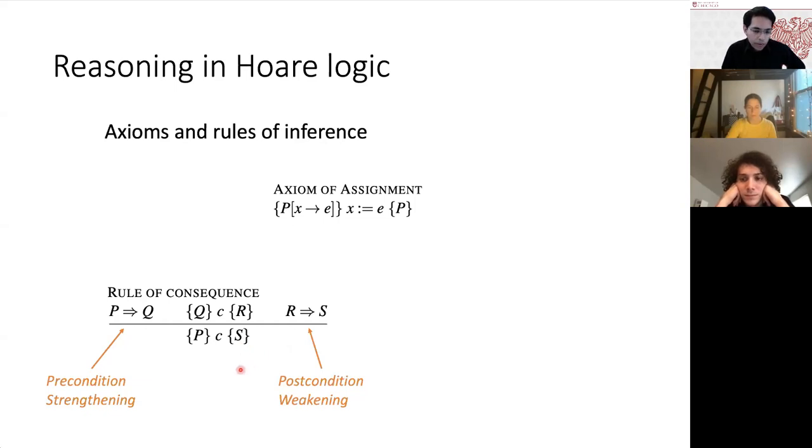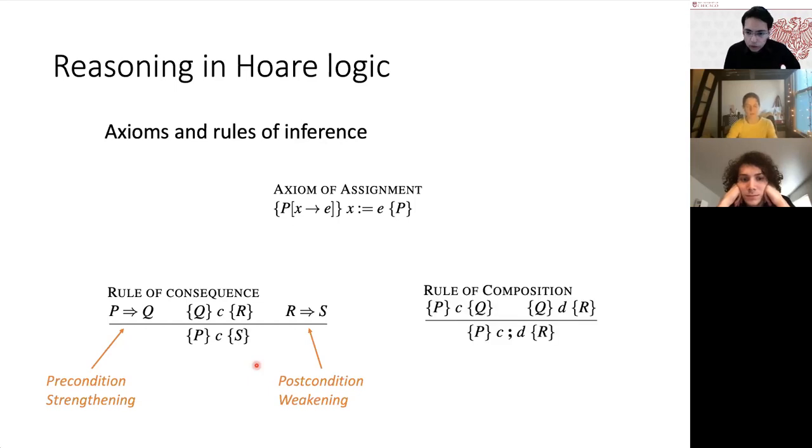I'll not show an example of this right now, but this is the rule which helps us reason about the triple that we saw in the previous slide, where the user can give us arbitrary triples, and we figure out what is the weakest precondition or the strongest post condition, and figure out whether they imply each other or not, respectively.